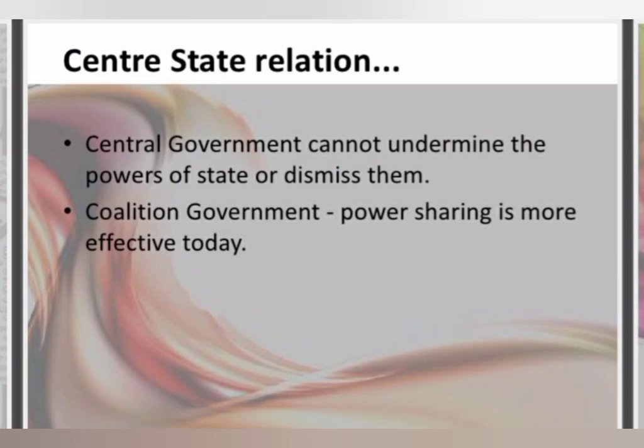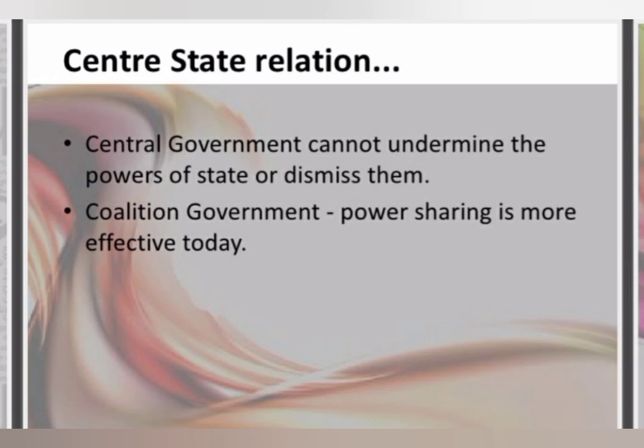But if a party is voted to power with a clear majority at the center, then the states in which that political party's government is not there can generally face problems, or the center can be biased in giving them certain favors, releasing grants, or this is what the other political parties feel.